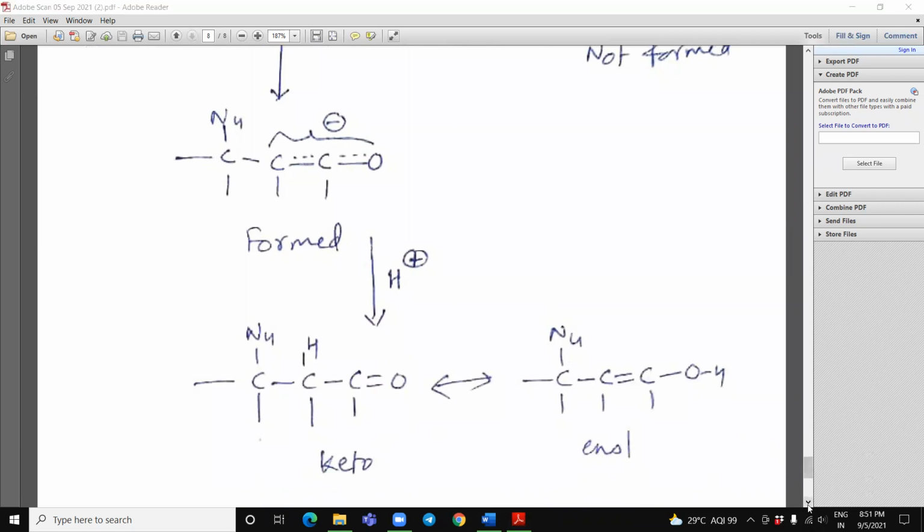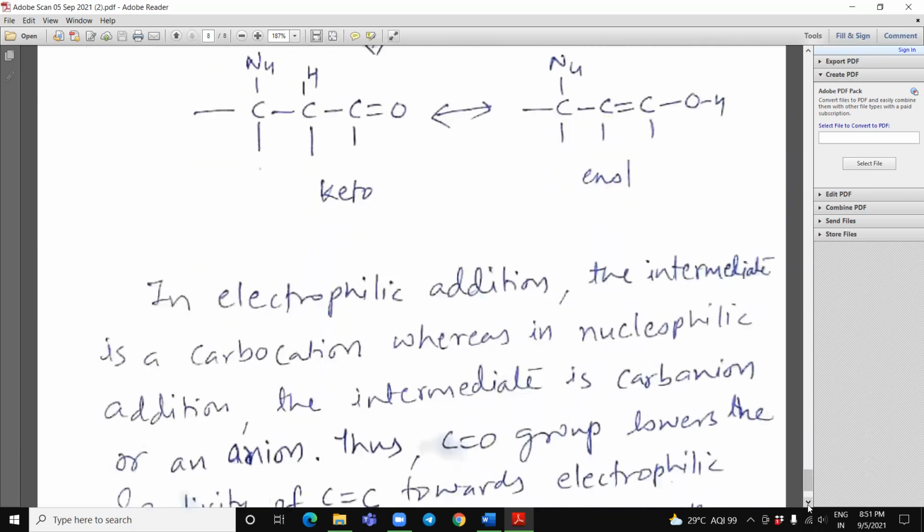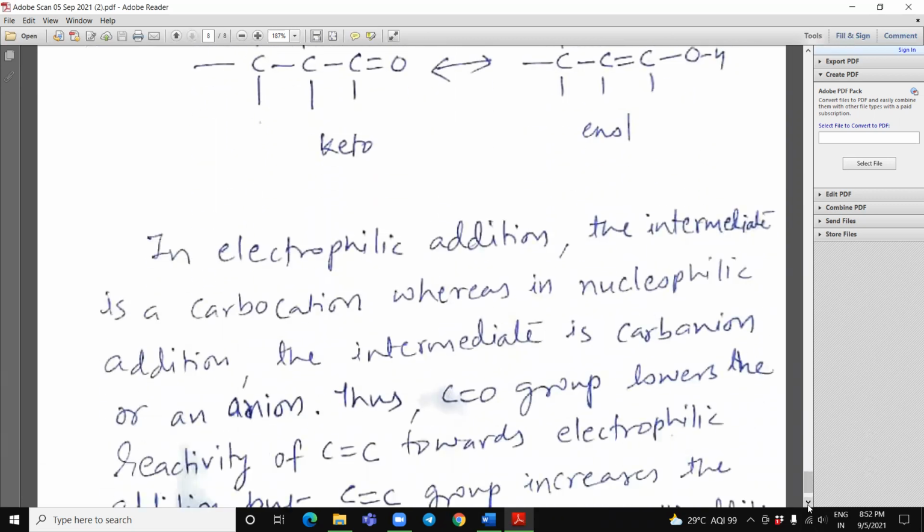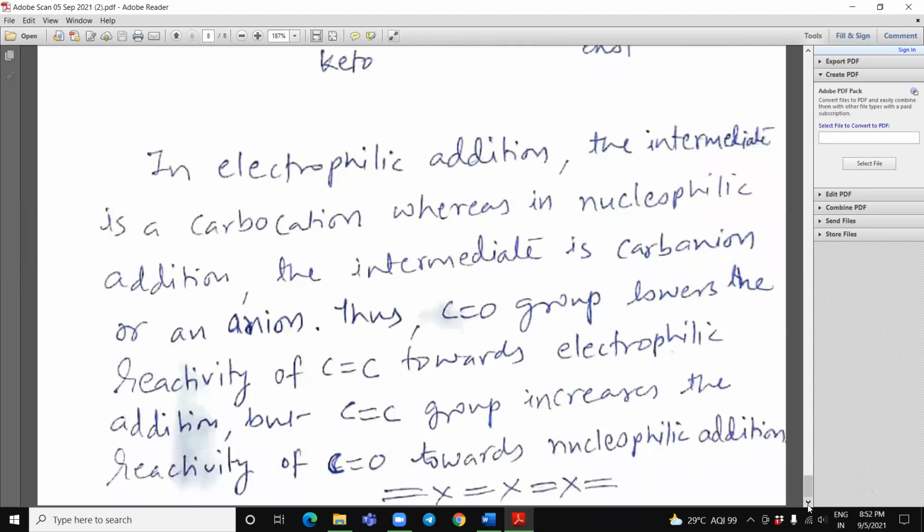So in electrophilic addition, the intermediate is a carbocation, whereas in nucleophilic addition, the intermediate is a carbanion or anion. The carbonyl group lowers the reactivity of the carbon-carbon double bond towards electrophilic addition, but the carbon-carbon double bond increases the reactivity of the carbonyl towards nucleophilic addition reaction.